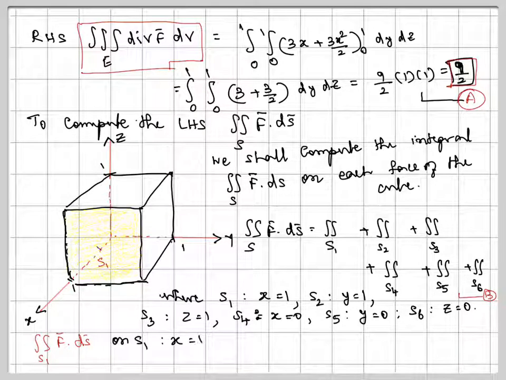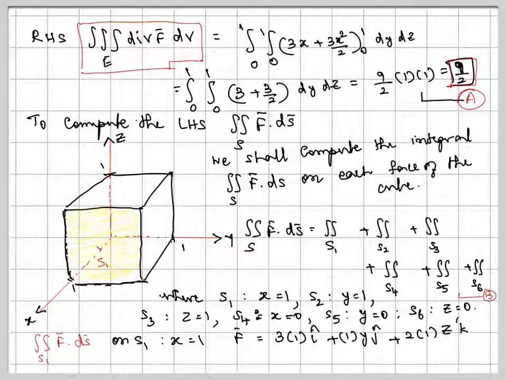On S1, x equal to 1, so we can substitute x equal to 1 in the vector field F, which is 3i plus yj plus 2zk. Then the unit normal vector n is equal to i.